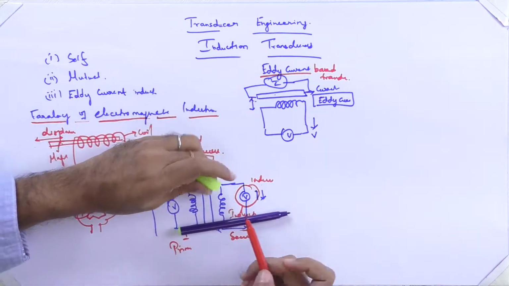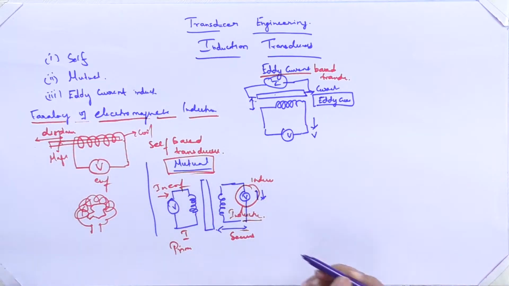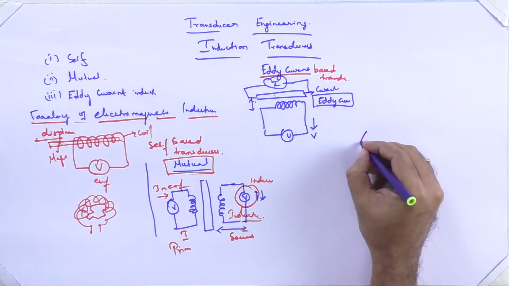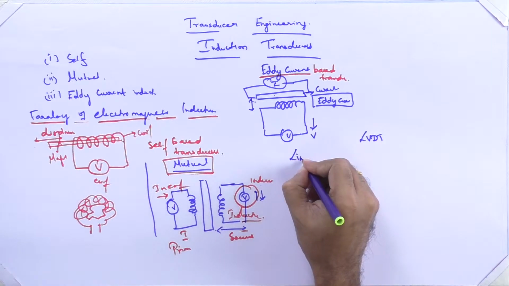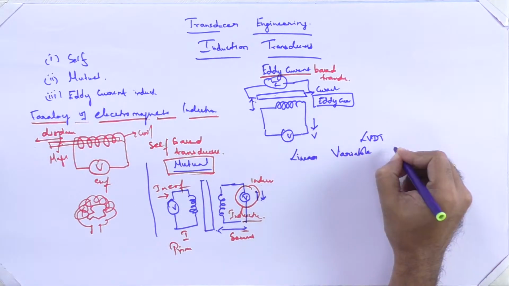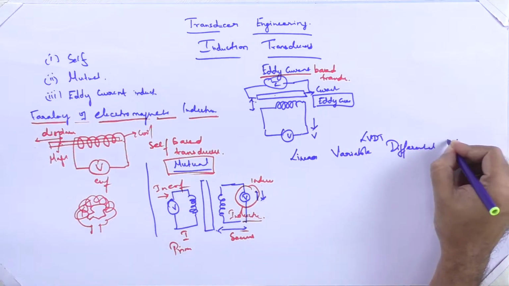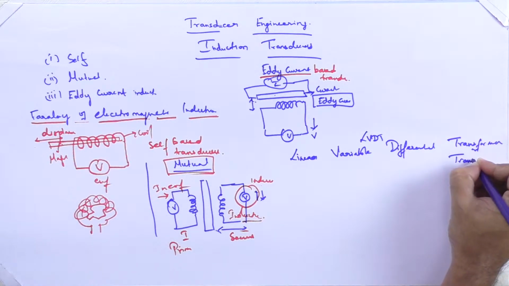Now we will jump on to the most important transducer, that is LVDT, the linear variable differential transformer, or transducer.